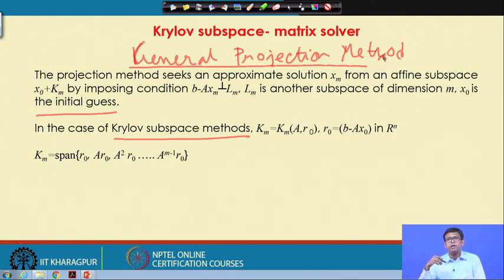So, what we thought of as multiple iterative steps or multiple search directions in the steepest descent algorithm are basically the multiple basis vectors through which x 0 is updated to x m, and these are the several basis vectors of the Krylov subspace.